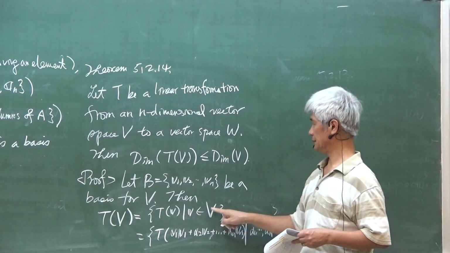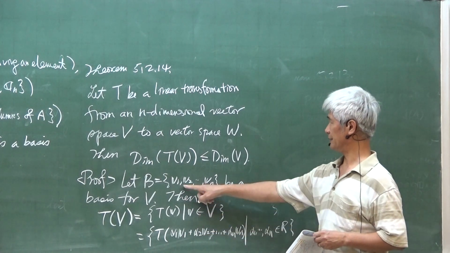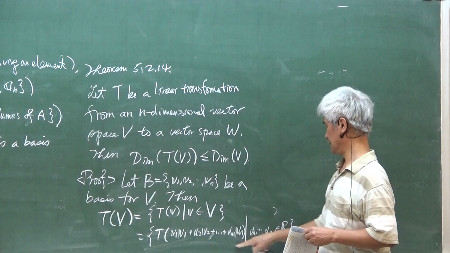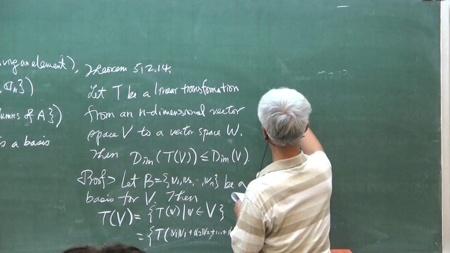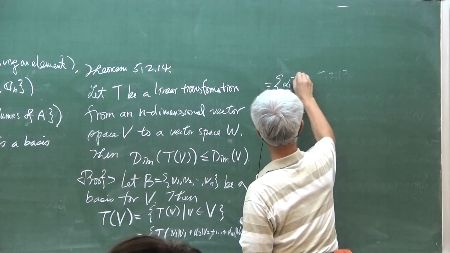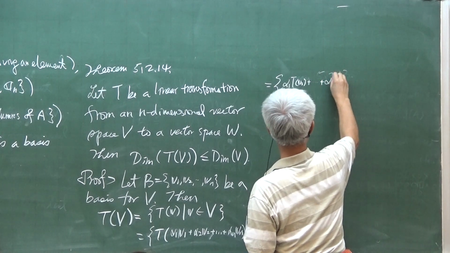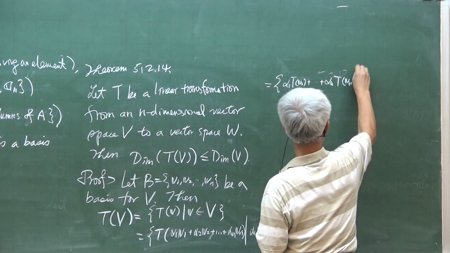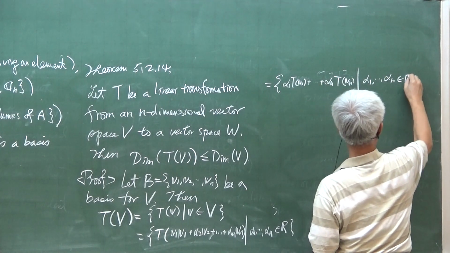Every element in the domain V is a linear combination of the vectors in the basis of V. So by linearity of T, we have alpha 1 T(v1) plus ... plus alpha n T(vn), given alpha 1, ..., alpha n are scalars.